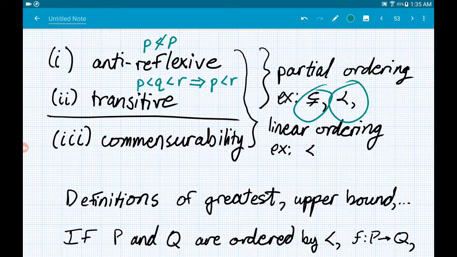Now, in economics, or maybe game theory, or wherever you might encounter this, there is the preference ordering or utility ordering or something like that, where possibly some two things that you might have a preference for are not comparable, right? You don't necessarily prefer one to the other, nor are they equal.